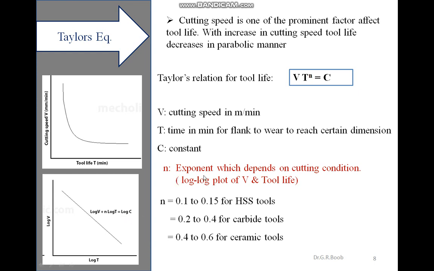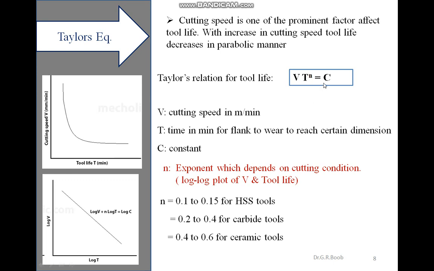where n is the exponent, which depends on cutting condition, or we can say this n is the decreasing slope of this line. And C is the intercept between velocity and cutting time at time T equal to 1 minute.